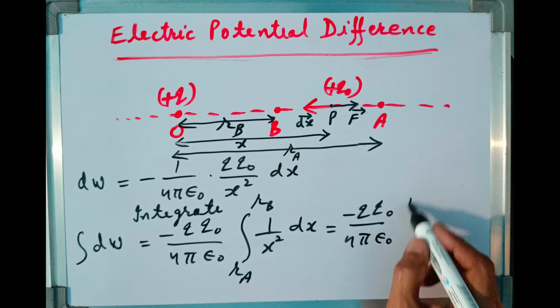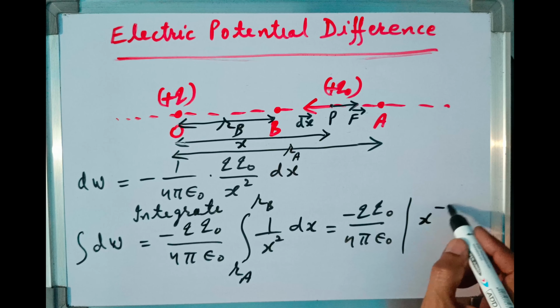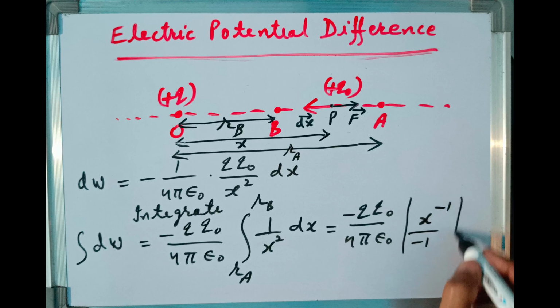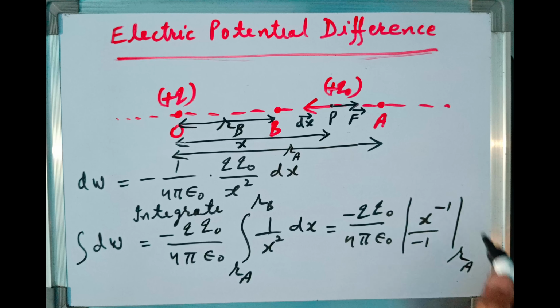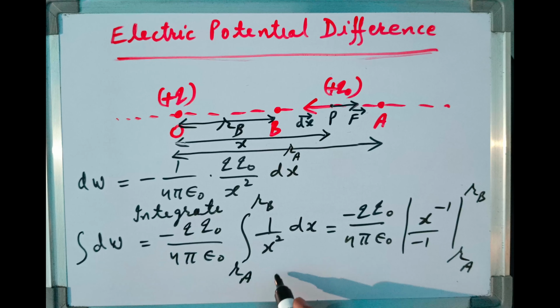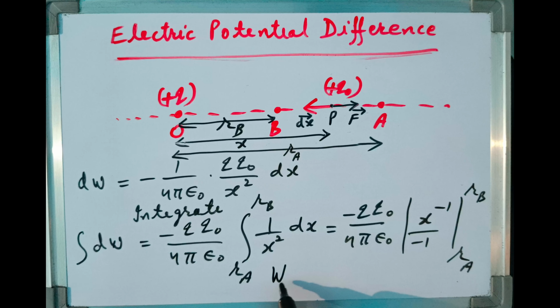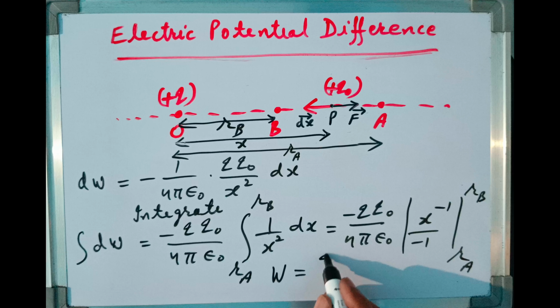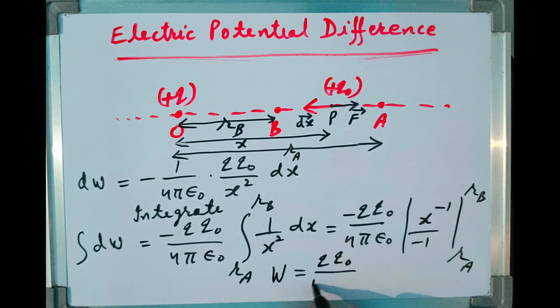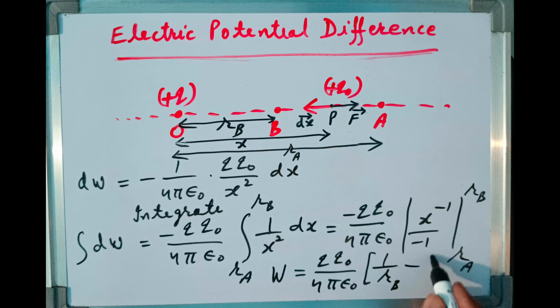This integration will give us x raised to the power minus 1 upon minus 1 limits RA and RB. Now I will apply these limits and get answer for total work done. Integration dW equal to Q Q naught upon 4 pi epsilon naught inside 1 upon RB minus 1 upon RA.